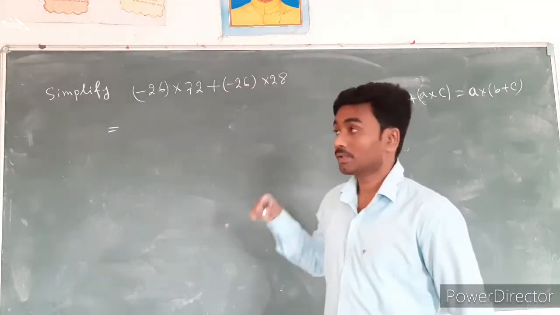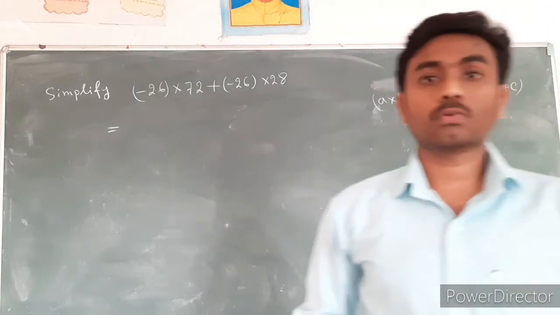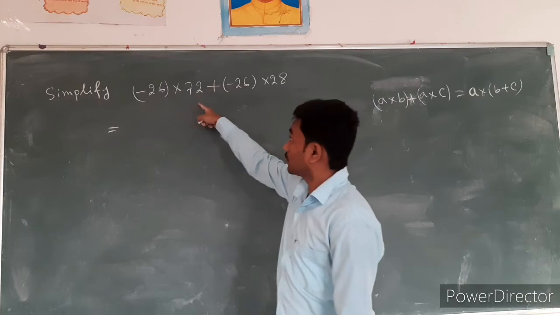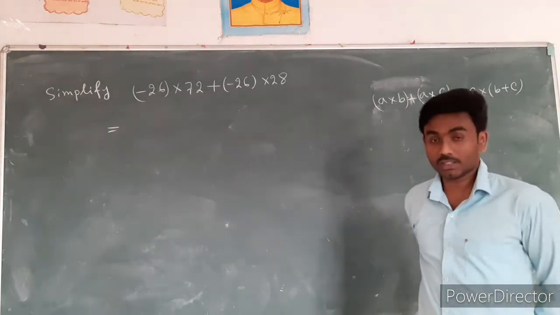Now we simplify minus 26 into 72 plus minus 26 into 28.